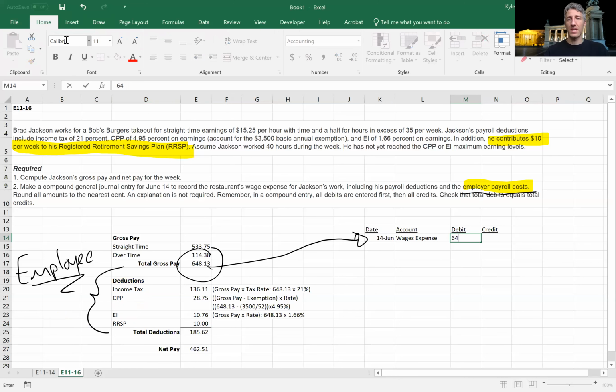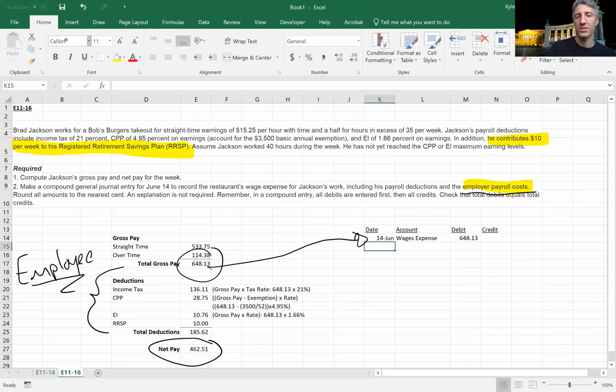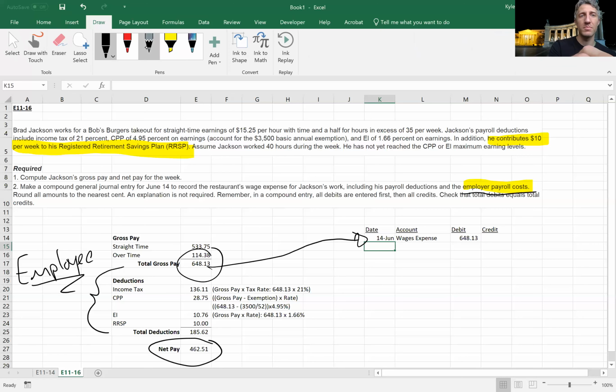A lot of students get tripped up on this because they think, well, the employer is really only paying this amount in cash to the employee, $461. Why is their total wages expense $648? Well, because this is what they're paying to the employee. The employee then has to make all of these payments.